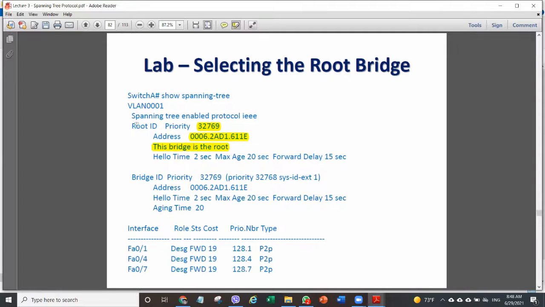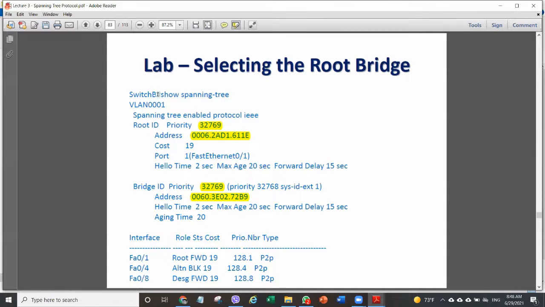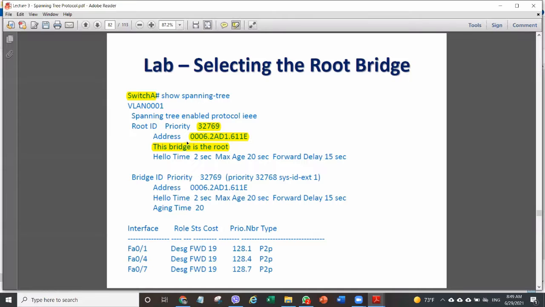In this case, only with the root bridge, this is actually switch A. This is switch A. This is switch B. Right? Switch A is root. This bridge is root. Then this information is repeating.